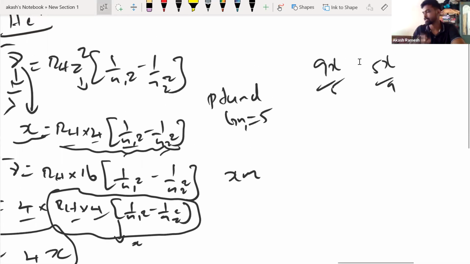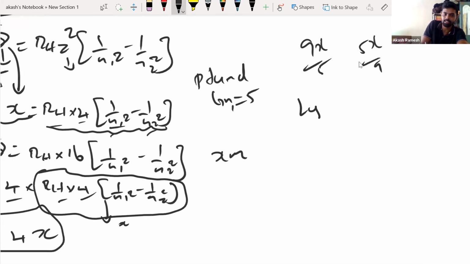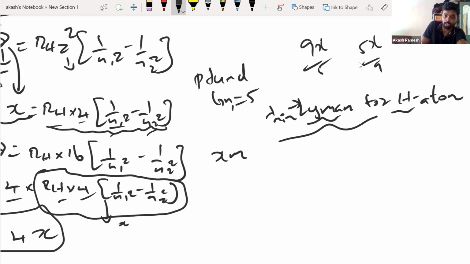Okay, cool. So they are telling that I have Lyman series for hydrogen and I'm going to get lambda minimum. That is the shortest wavelength, lambda minimum in Lyman series for hydrogen atom. So much information here. Now for lambda minimum, obviously for Lyman series, n1 is fixed, n1 is 1.